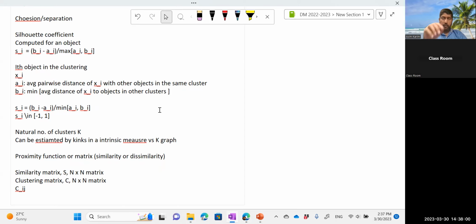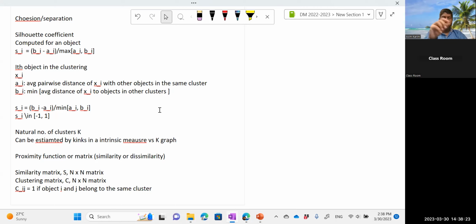One cell in this matrix, we will set as 1 if objects i and j belong to the same cluster. Remember, you have done a clustering. So after doing the clustering, you know which two objects are in the same cluster.